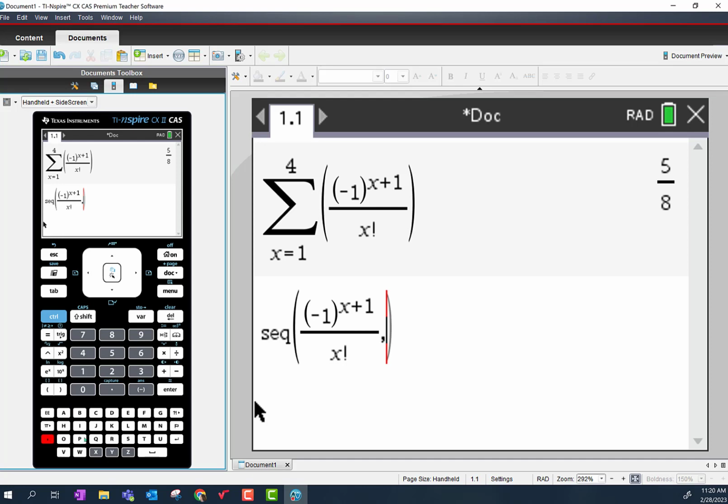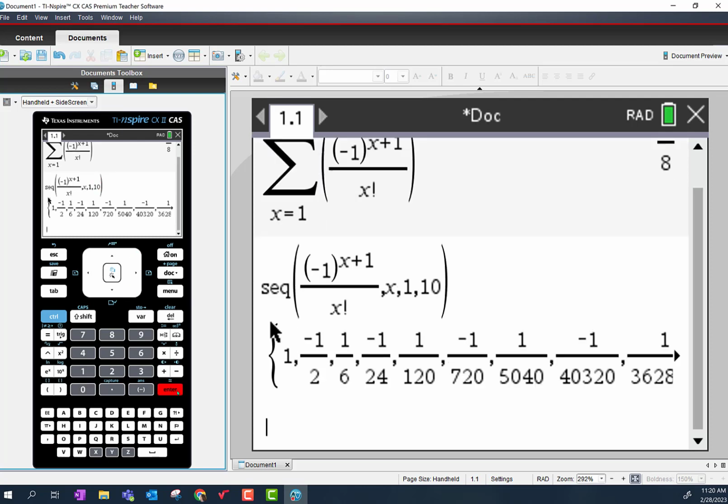Then we want to use the variable x, comma. We want to start with the first term, comma. And we want to go to the 10th term, just for fun. And I'm going to look at every term, so I don't need to put a comma and a number there. So that's just going to spit out the first 10 terms, which is very helpful for us in this unit, just so we can see what the terms are.